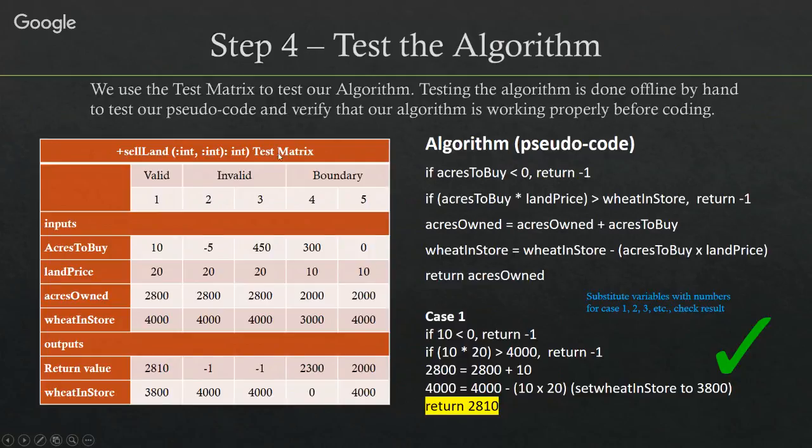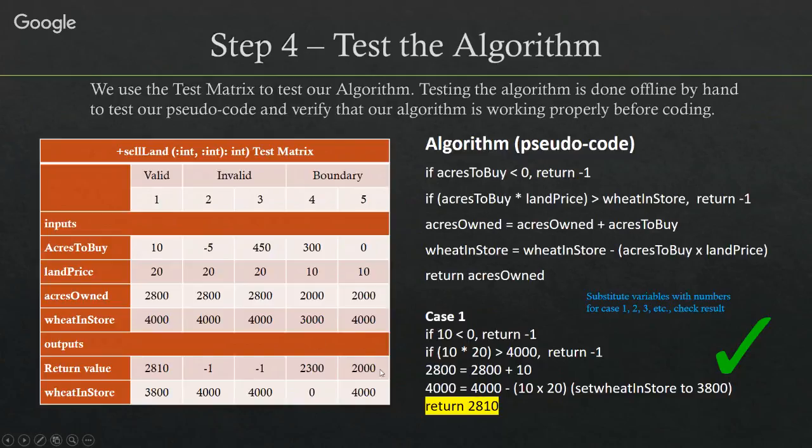As Ken was talking about our test matrix, we can actually take this test matrix and plug in numbers. For instance, for a valid test case, acres to buy would be 10. Anywhere there's an acres to buy, we put the number 10 in there. Land price, 20. Acres owned, 2,800.